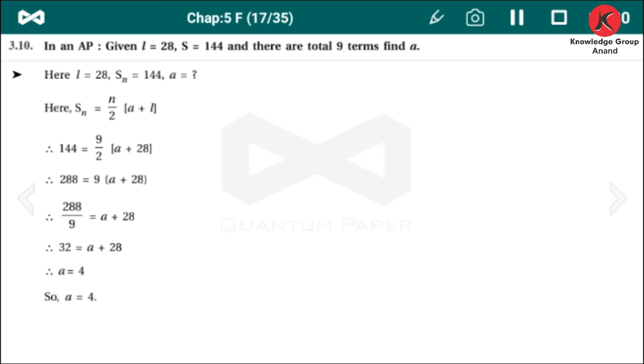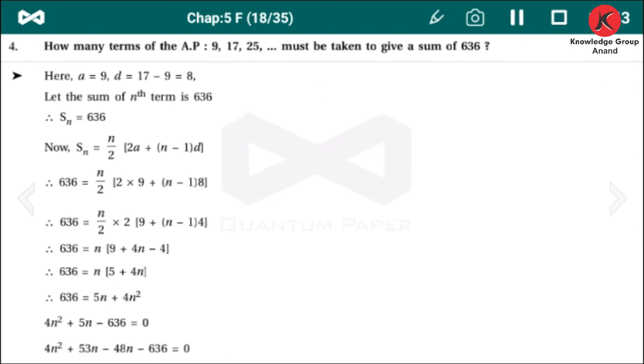Here with 9 by 2, when we move to the opposite side, 2 goes to multiplication and 9 goes to division. 32 nines are 288. 32 is equal to a plus 28. a is equal to 4. Now, question number 3 is completed here. We start question number 4.